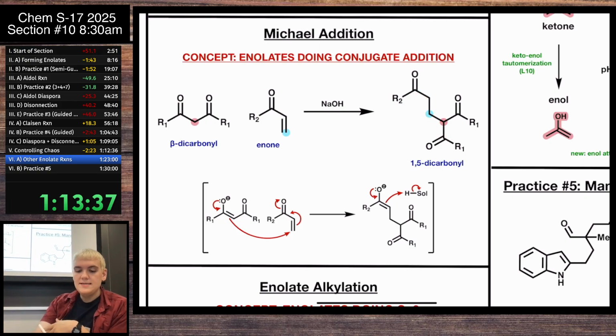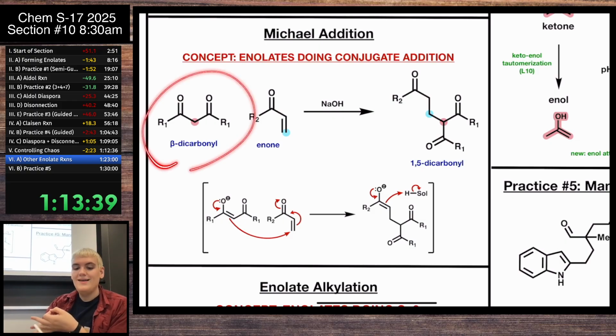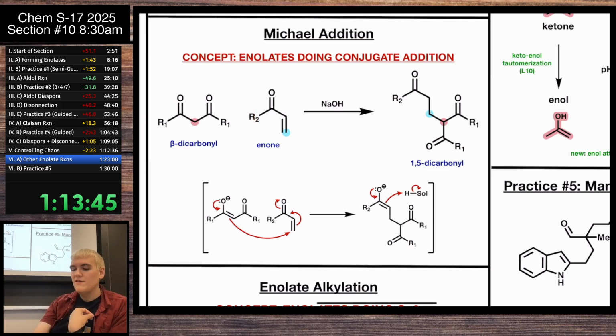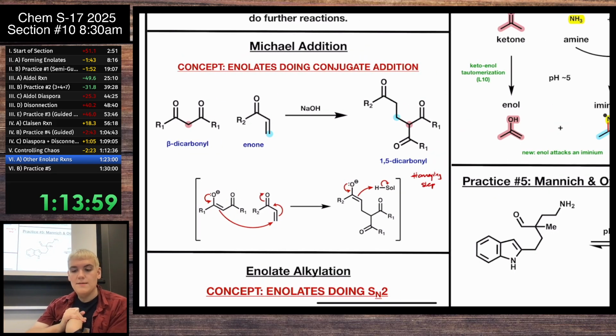For this, typically what we use as a nucleophile is a dicarbonyl, just because it's more acidic, and it's more of a driving force for the reaction. You'll also have an annoying step, because you'll still have a dicarbonyl in the product, and it'll still be acidic. But that's one option for other things enolates can do. They can attack an enone.